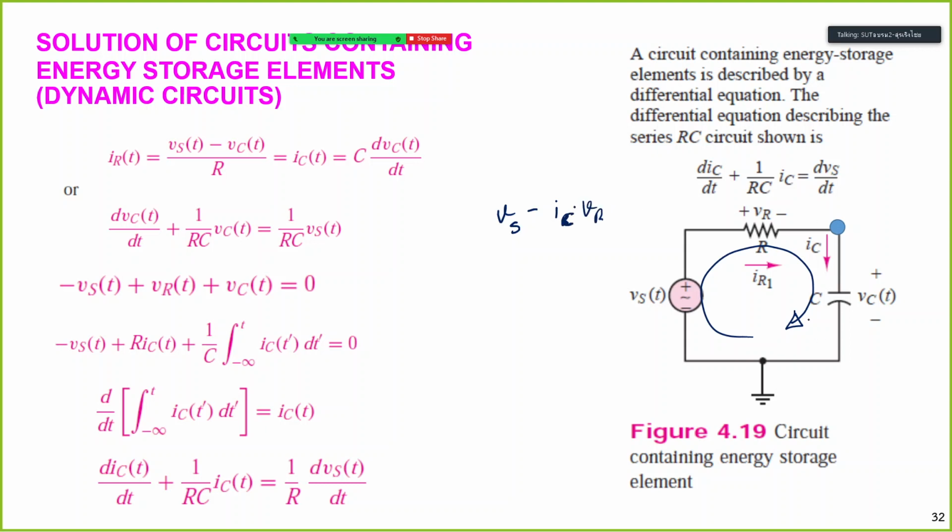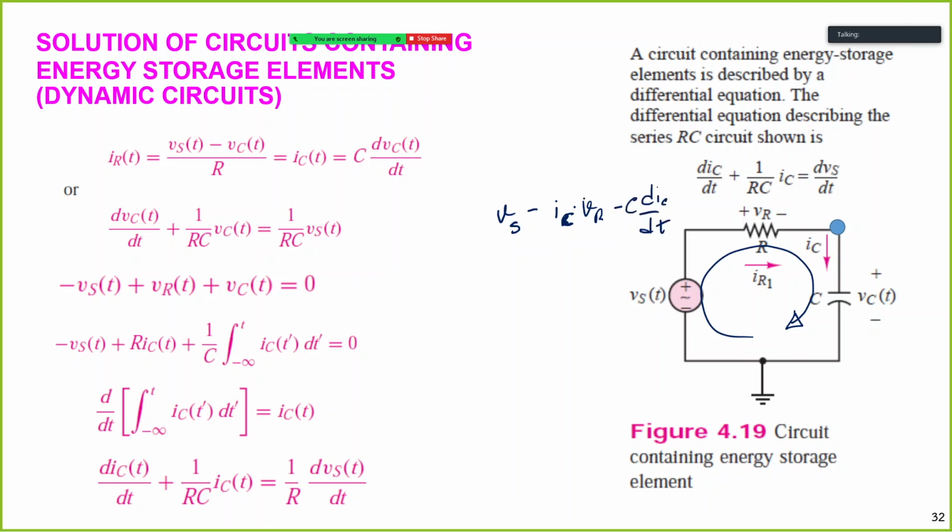And then what is this voltage? This voltage is C dV by dt, so it's minus R C dIC by dt.